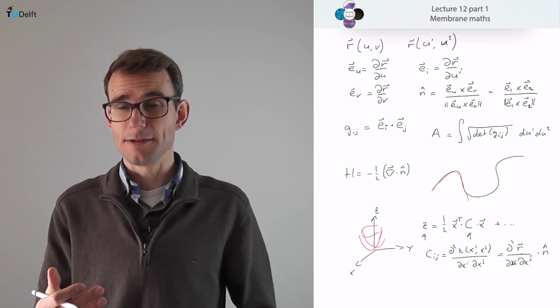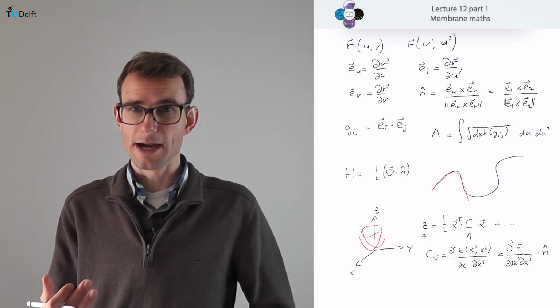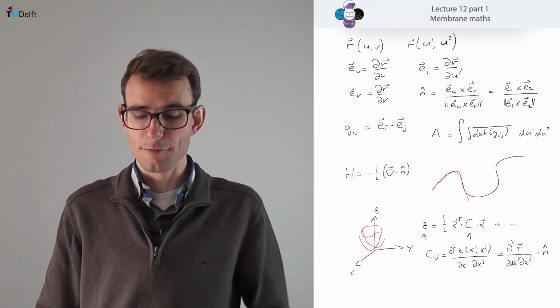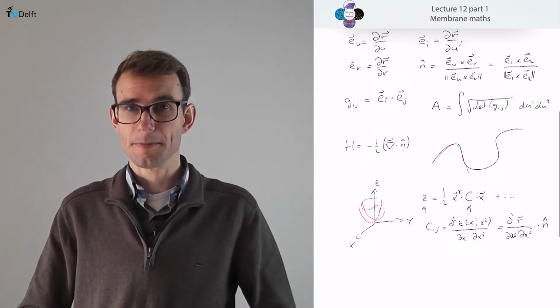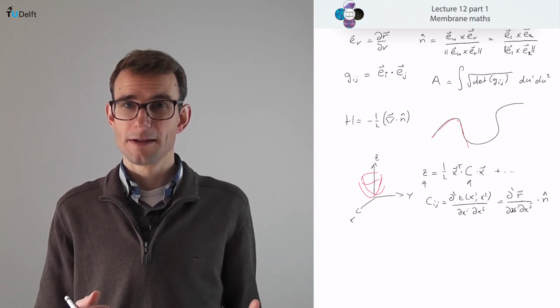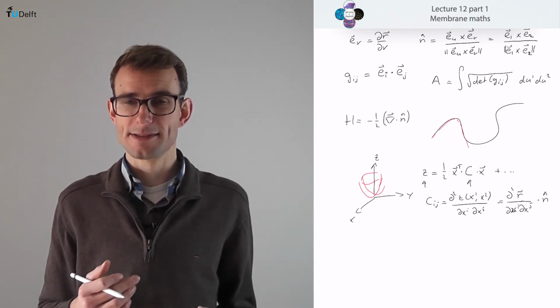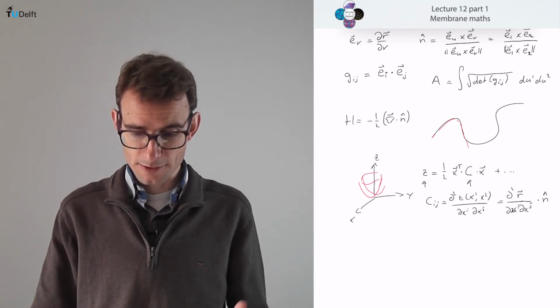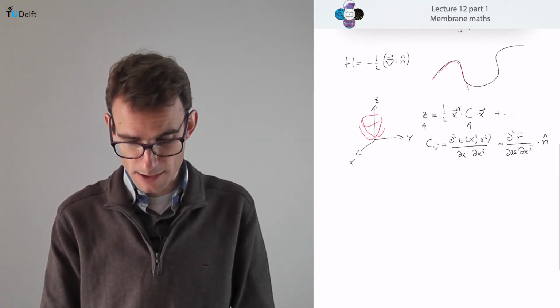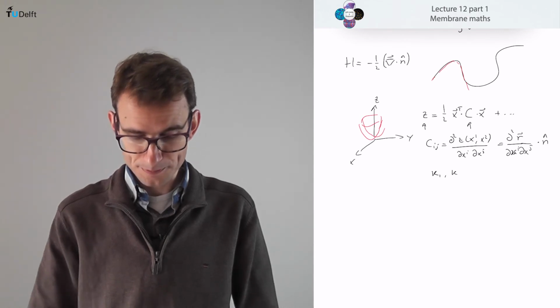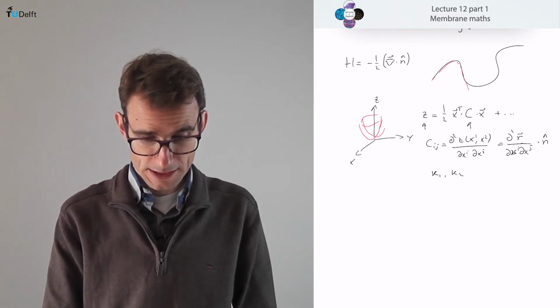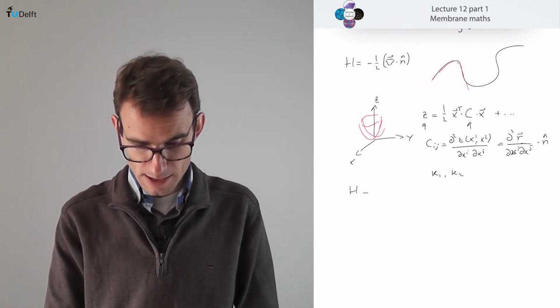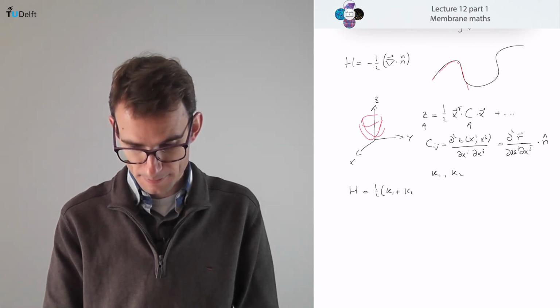The other one that we can then make is the product of the two eigenvalues, or the determinant of this curvature tensor. So we're going to have two coordinate independent curvatures, one which is linear in the eigenvalues. If I call the eigenvalues kappa 1 and kappa 2, then my mean curvature H is going to be a half, kappa 1 plus kappa 2.